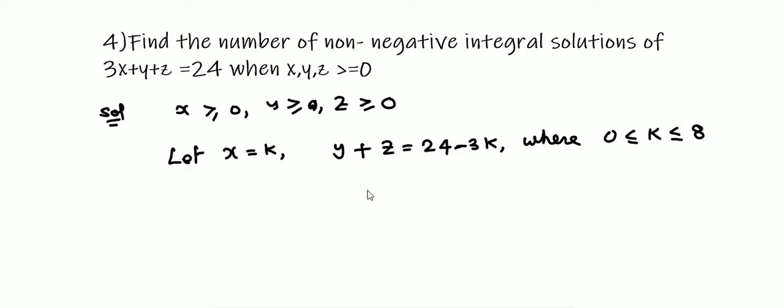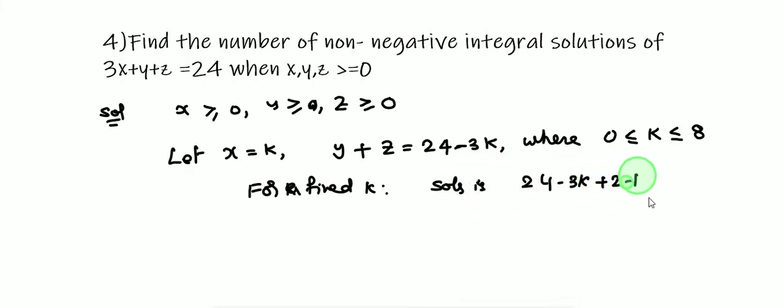So if you consider 24 minus 3k as a constant, that means for a fixed k, what is the solution set of y plus z equal to 24 minus 3k? For a fixed k, the solution is 24 minus 3k plus 2 minus 1 C 2 minus 1, since it is a non-negative integral solution.